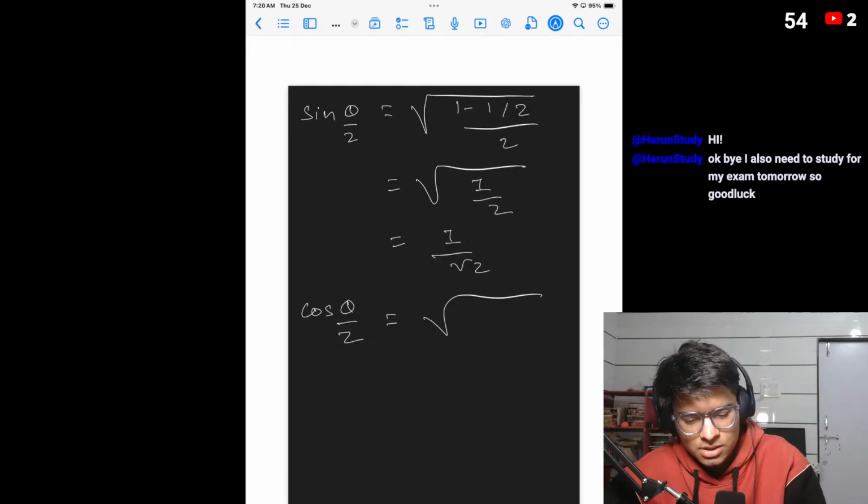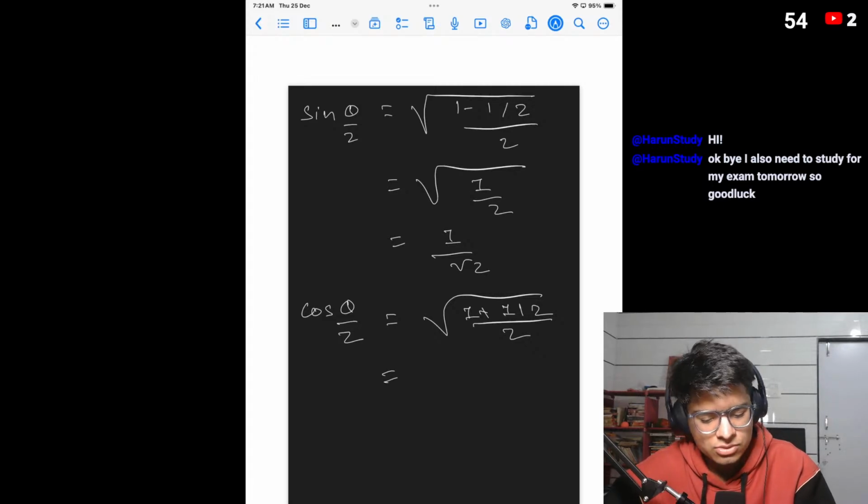Same thing for cos theta by 2, but 1 plus 1 by 2 upon 2. Since it is 1 by 2, so 3 by 2 upon 2, which is 3 by 4, which is root 3 by 2.